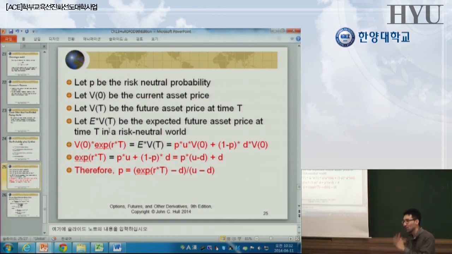Whether there is a dividend or not, the expected return should always be the same as the risk-free rate in the risk-neutral world. But if there is a dividend and the asset still generates the risk-free rate, I earn more money: the risk-free rate plus the dividend. Therefore, if there is a dividend, the expected return of that asset should be lower than the risk-free rate.